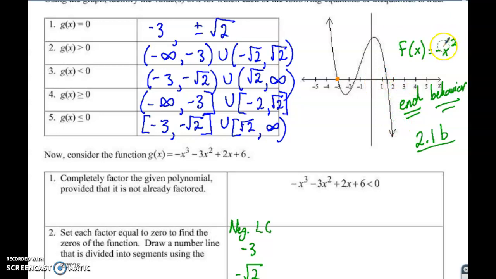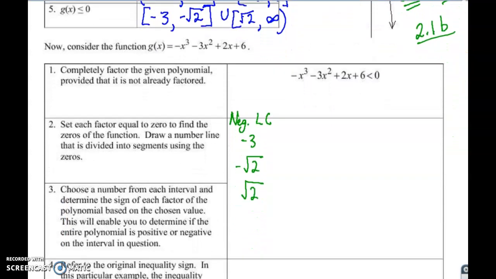Now, that's just a general statement as to why, when I do this problem, I do everything the same way I explained before, where I put -3, negative root 2. Notice I'm not paying any attention to the spacing here. Like -3 to negative root 2 is not much of a difference at all compared to the other one.